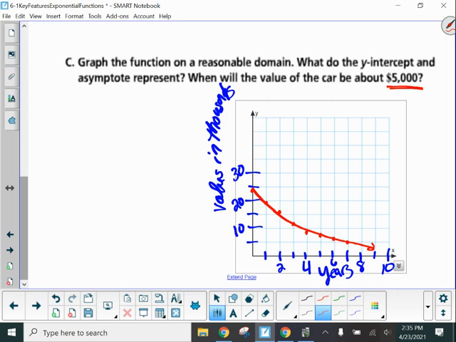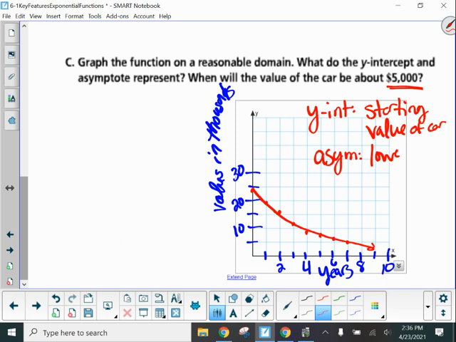So what's the y-intercept? The y-intercept here is going to be the starting value of your car, so how much it was worth to begin with. The asymptote is going to be your lowest possible value.